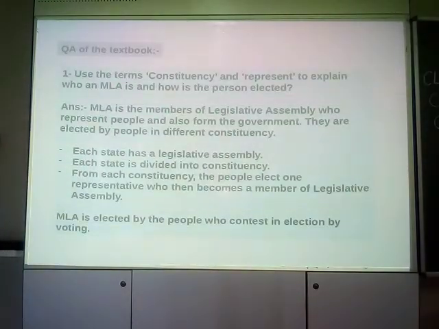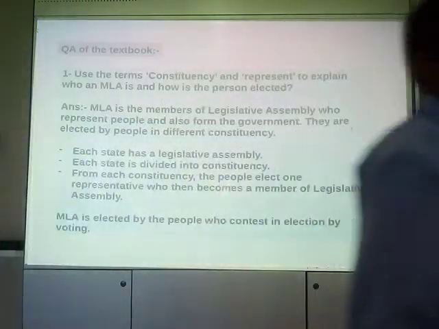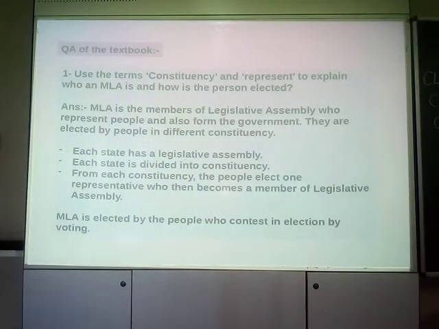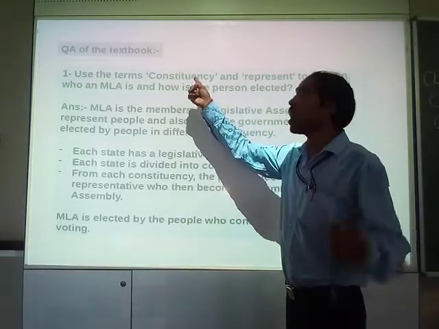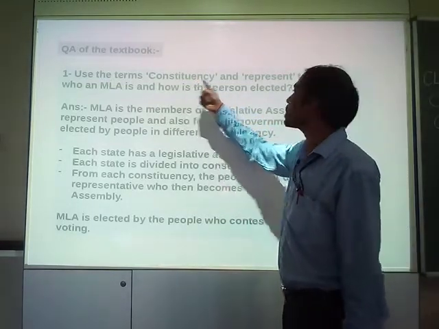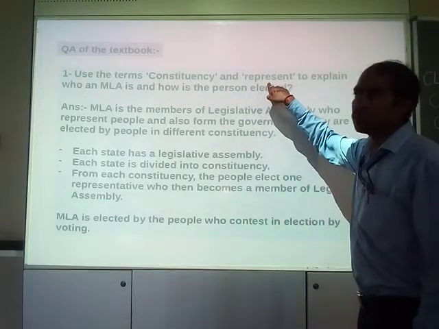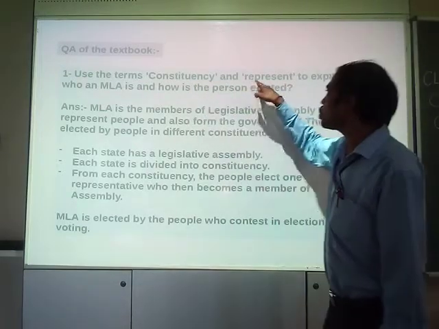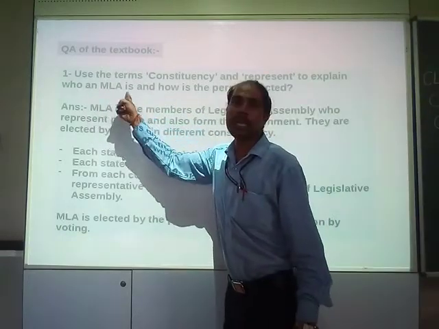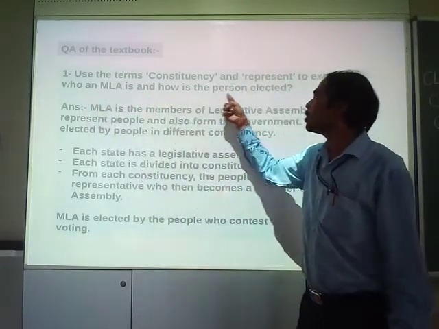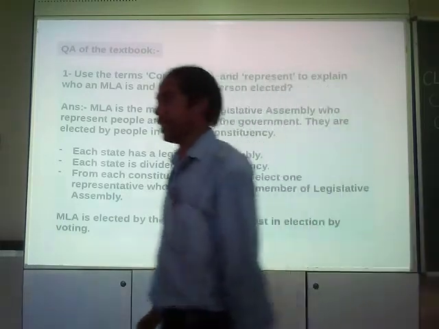Okay? Yes. Now these are some of the questions of the textbook. Use the terms constituency and represent. By using these two terms, you have to explain who an MLA is and how the person is elected.